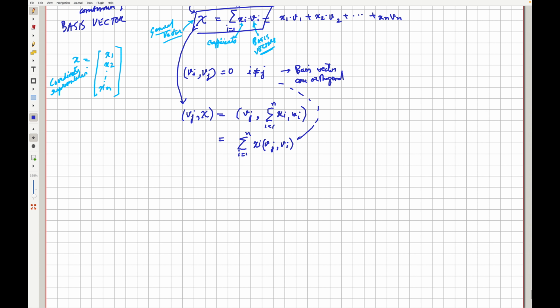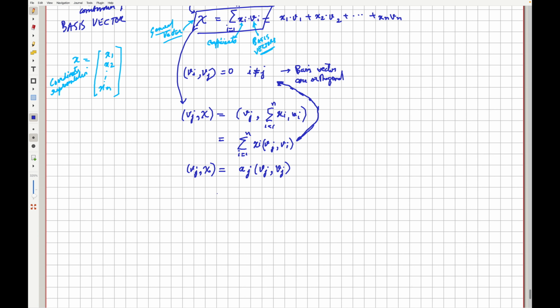That's what we say here, except the case when i is equal to j. What this reduces to is x of j, v of j dotted with v of j, and on this side v of j dotted with the general vector x.